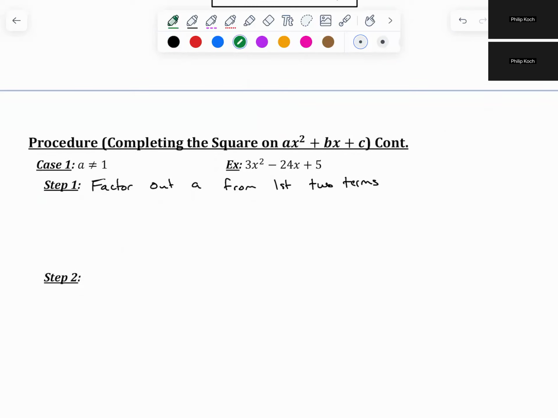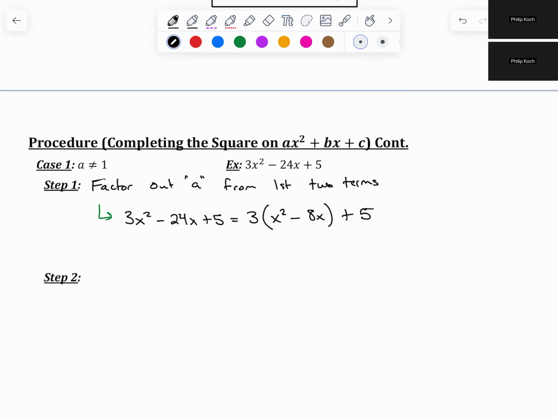And so in this example, factor out A. So we got 3x squared minus 24x plus 5. We're going to factor out that 3 from the first 2 terms. That'll be 3 times, in parentheses, x squared minus 8x, and then don't forget about that plus 5. Why have I done that?